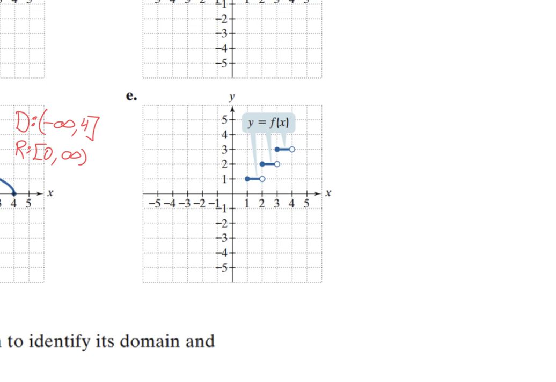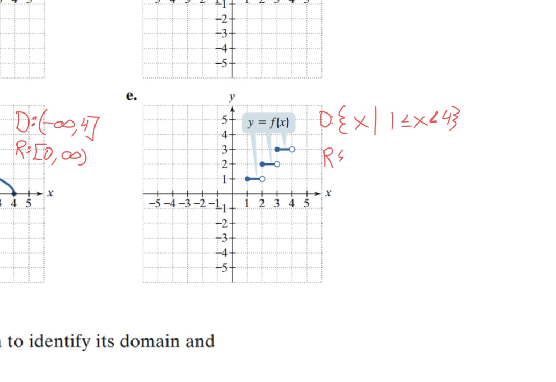E, for the domain I'm going to use the set builder notation. x such that x is greater than or equal to 1 and less than 4.